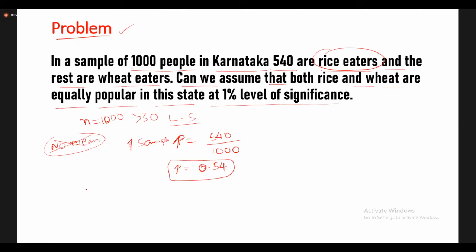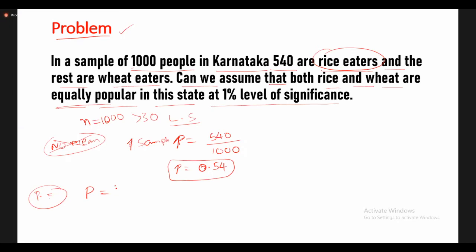Now, anyone guess what is the population proportion? Why is that 0.5? Can anyone assume that both rice and wheat eaters are equally popular? In the question they have given it. In the previous question, they didn't give it, but here they have clearly given it.